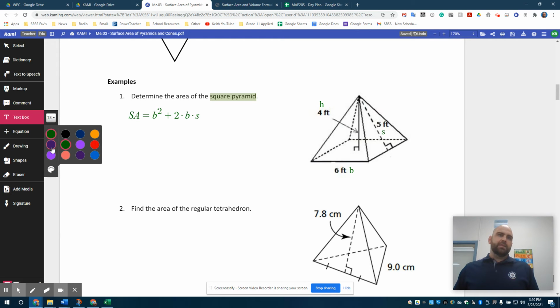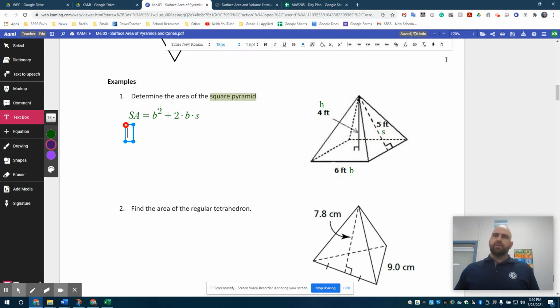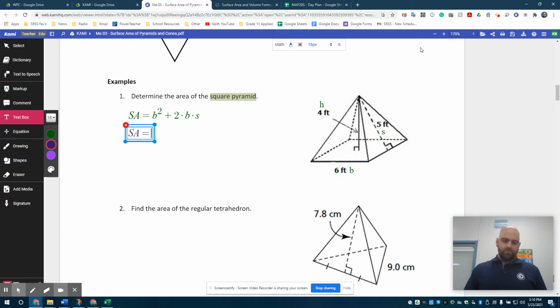So to find the surface area of this pyramid, the first thing we do is surface area is equal to b squared. Well, b is 6 feet squared, plus 2 times the base length, which again was 6 feet, times the slant height, which is 5 feet.